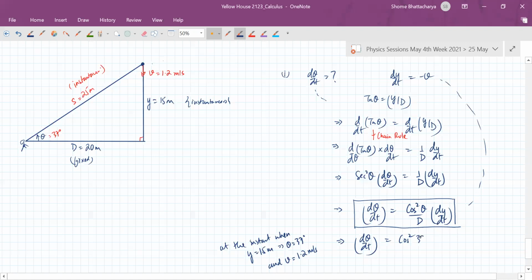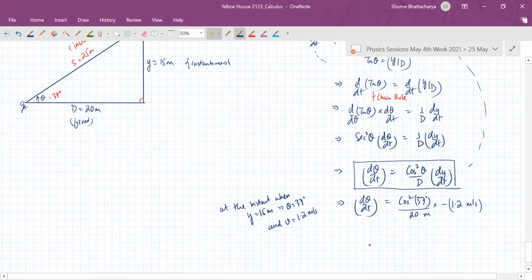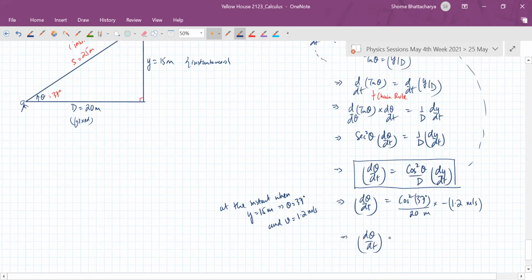So it is cos square 37 degrees divided by 20 meters, into minus 1.2 meters per second. So meter will cancel. Cos square 37 is a dimensionless factor. So the rate of change of angle that we'll get will be in per second, or more precisely radians per second. So it will become minus 0.64 into 1.2 divided by 20.